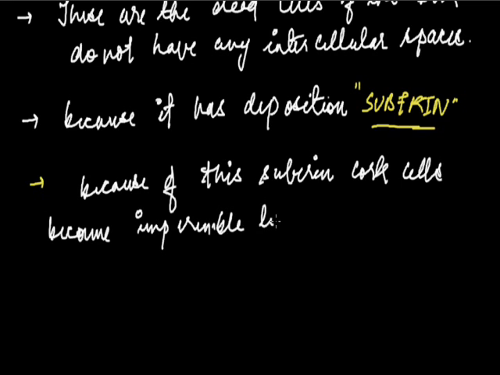The cork cells are without any protoplasm but are filled with resins and tannins.